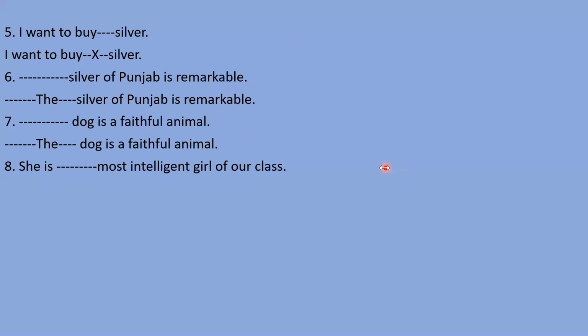Why do we need to use the here? Sir, because we are talking about a definite girl. Yes, you are right. We are talking about a definite girl, and with superlative degrees we need to use the article because those things are definite. Very good, Mansi. You have given the right answer. She is the most intelligent girl of our class, right?